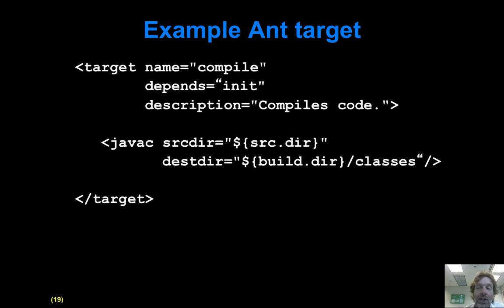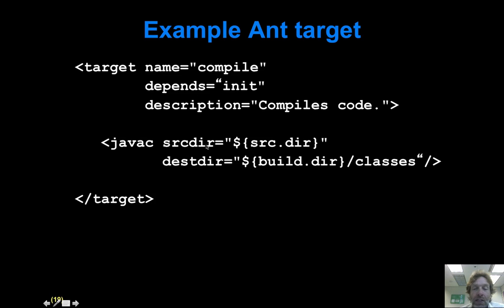Okay, and hopefully this is pretty self-explanatory. The target is called compile. It depends upon some other target called init, which might create directories or clean things, or who knows what. We've got a little documentation string for this target, and the compile target has exactly one task that implements it, and that task is called JavaC.